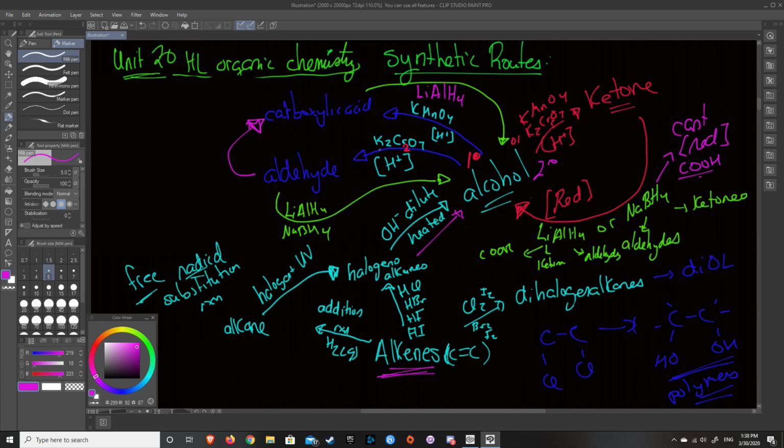And we can oxidize this even further, right? We can oxidize this either using K2Cr2O7 under reflux, or we can just say, you know what, who cares? YOLO. Didn't think I'd ever say that in a chemistry video. But we can just use KMnO4 and oxidize it in acidic medium to a carboxylic acid.